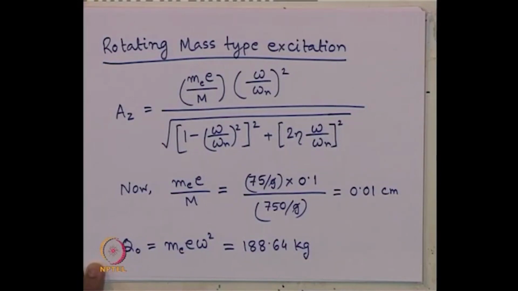What does it mean? If the exciting load amplitude remains same for whether it is constant force type or rotating mass type, the displacement amplitude at operating frequency remains same. Okay? So, displacement amplitude at operating frequency for 2 different types of excitation, constant force type or rotating mass type, remains same provided the amount of amplitude of external load remains same in both the cases.